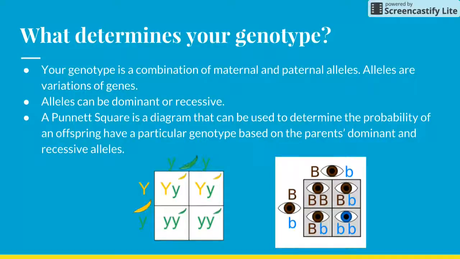Typically, in a Punnett square, the dominant trait is represented with a capital letter, while the recessive trait is represented with a lowercase letter. In this way, we can figure out the probability of a certain trait. Tomorrow, we're going to learn more about Punnett squares and explore how they work.